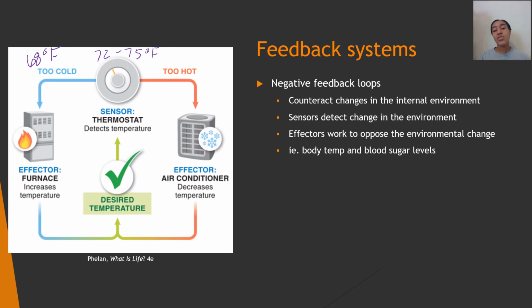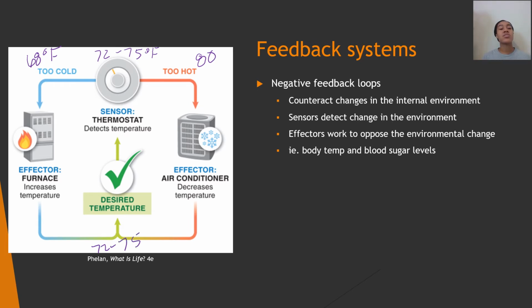And then the same thing on the opposite end. So let's say it's a hot Georgia summer day and the room gets to be 80 degrees. The thermostat will sense that change in temperature and send a signal to the effector, which in this case would be the air conditioner, to turn on to pump cold air to the room so we can return back to the optimum of between 72 and 75 degrees.